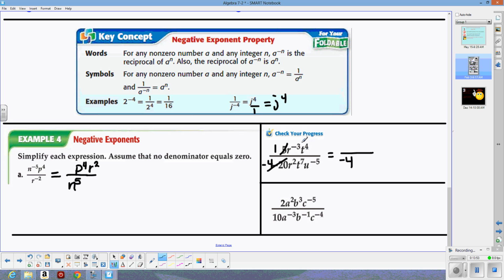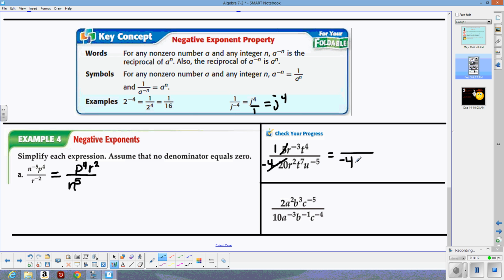Now move over to the r's. I have 2 r's on the bottom, but I have a negative 3 exponent here. It is not happy up there, so we need to move that down to its happy place. R minus 3, or r to the negative third power, we're going to move those 3 r's down here to join the 2 that are already there.